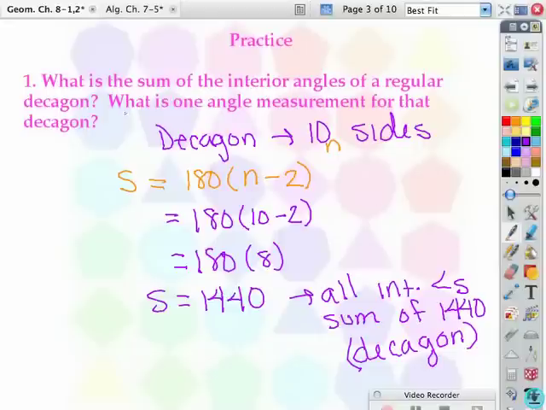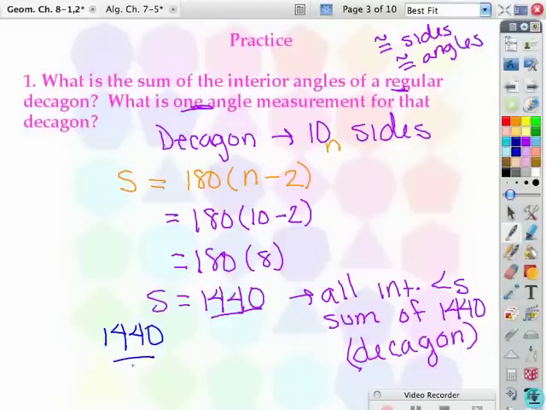So what about this second question? One angle measurement. Well, what we're doing here is using a regular polygon, which remember means congruent sides and congruent angles. So if all of the angles add up to 1440 and they're all congruent, all equal to one another, we just take that 1440 and divide it by how many angles there are.